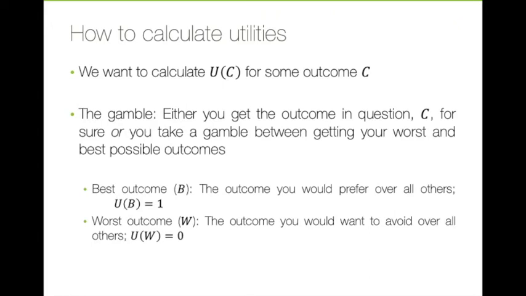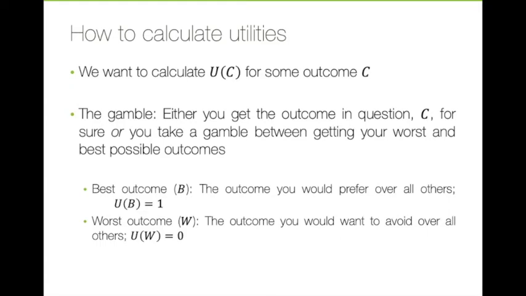When we use a utility scale from 0 to 1, like we did with the lottery case, the benefit will be that it gives us a direct way to assign numeric utility to our preferences. So we're going to call our best outcome B, and the utility of B will be 1.